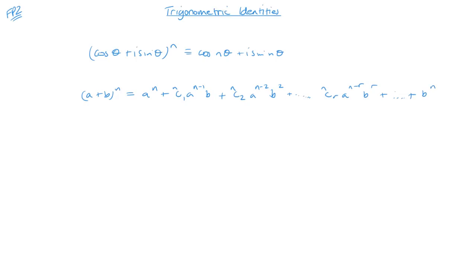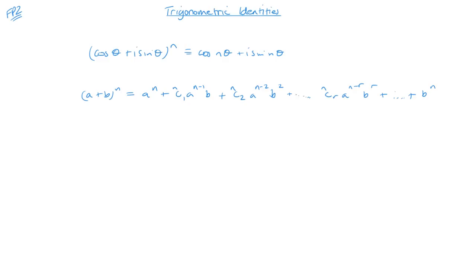Okay, and you all know what nCr is now. That's n factorial over r factorial (n minus r) factorial. Or you can simply put it into your calculator.